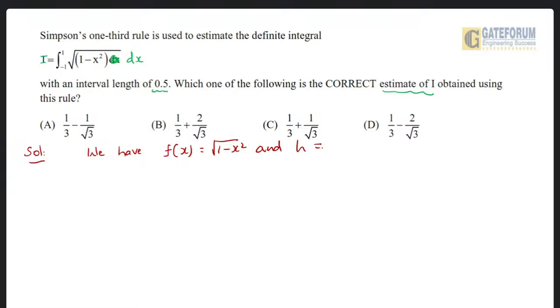That is, after dividing the closed interval minus 1 comma 1 into n equal parts, you will be getting n subintervals, each subinterval having the same length. That length is denoted by h, and h is evaluated by b minus a by n, but h is already given. This is 0.5.